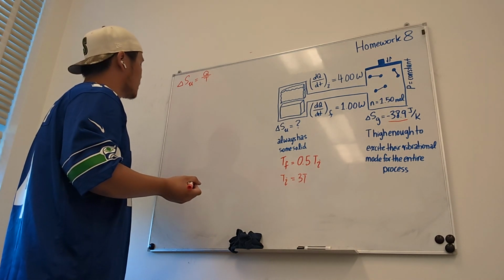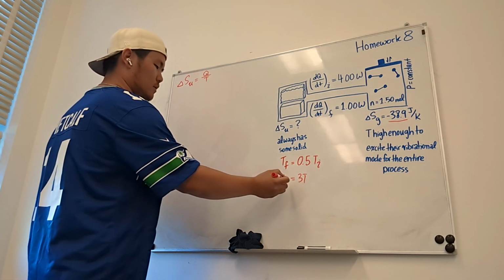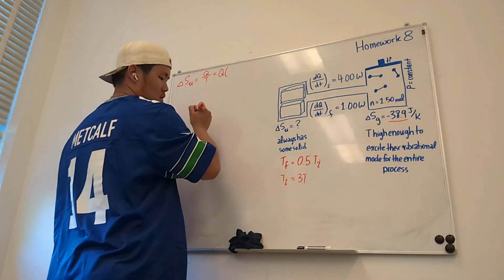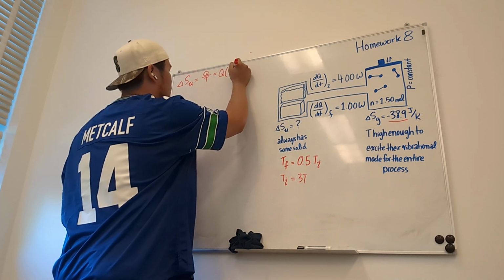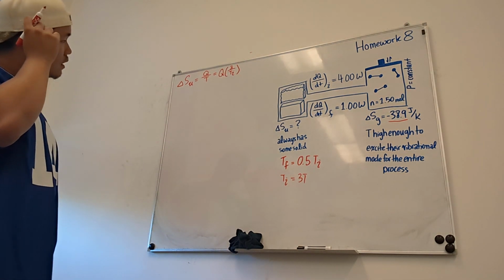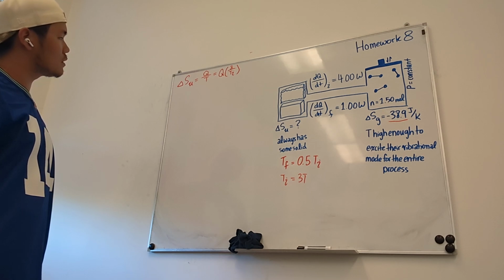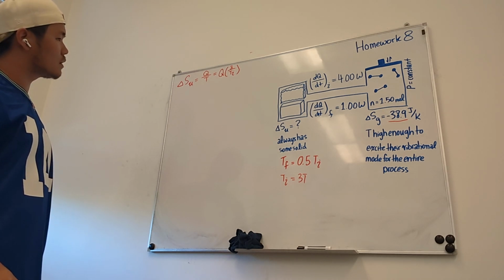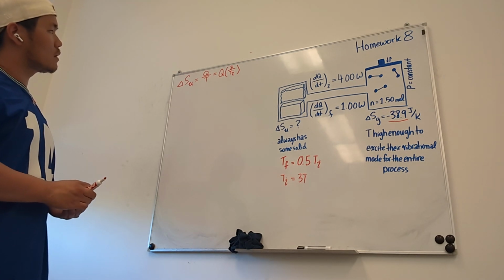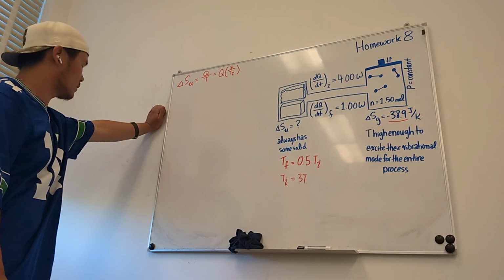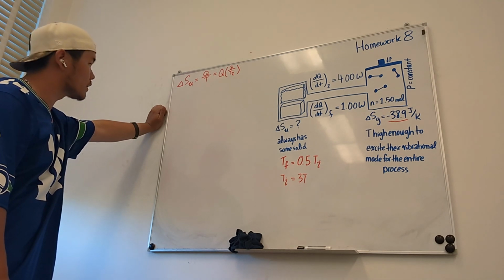Well, let's fill in the blanks here. We just found out 3T is equal to Ti, so we can rewrite this as Q times 3 over temperature initial, but now we don't know Q. But we do know Q would have to be the same the whole time because it's thermally, what's the word, thermally insulated.